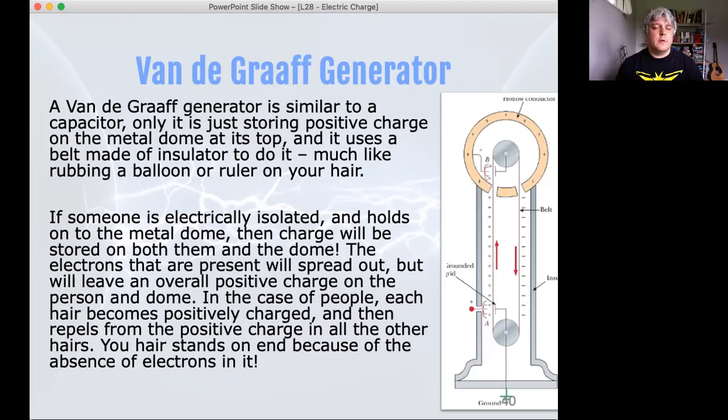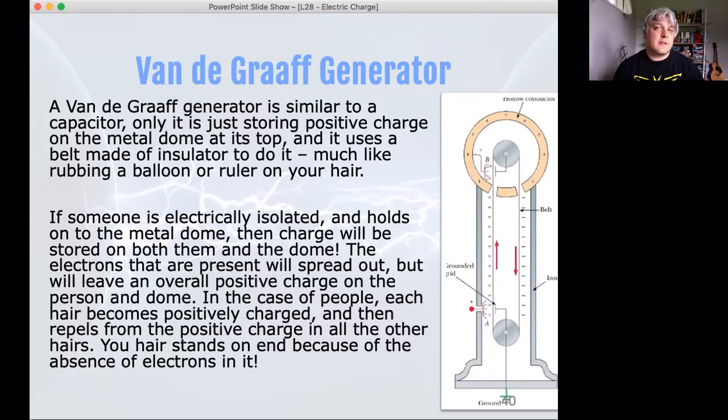So it's not actually useful. But if you are insulated, so you stand on a nice plastic platform or something so no electrons can flow through you, then you and the metal sphere become the positively charged thing. So you become positively charged, and as you become positively charged, that charge wants to spread itself, it wants to distribute itself right throughout, as far away as it can, across you and the sphere.